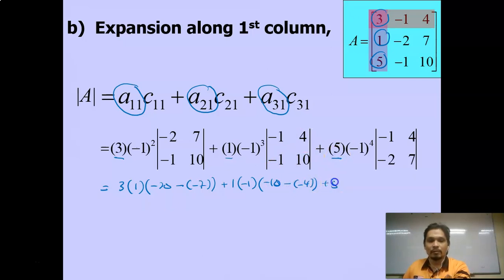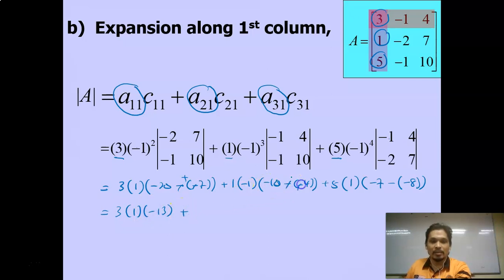Plus 5, negative 1 to the power 4 is 1: negative 1 times 7 is negative 7, minus 4 times negative 2, negative 8. So now, 3 times 1, negative 20 plus 7, negative 13.